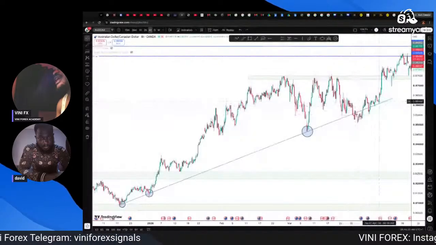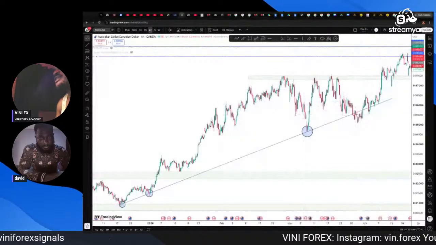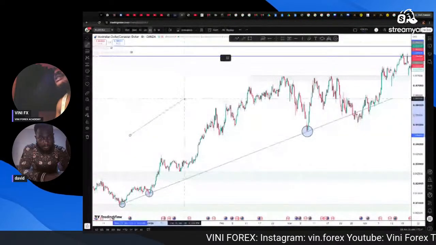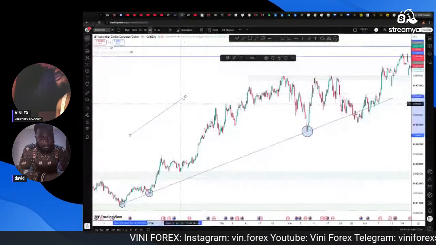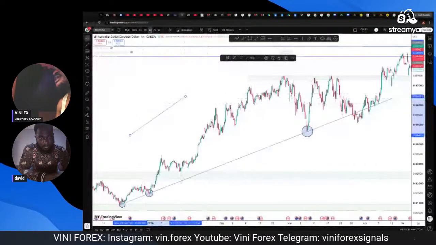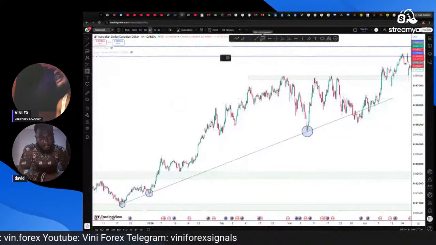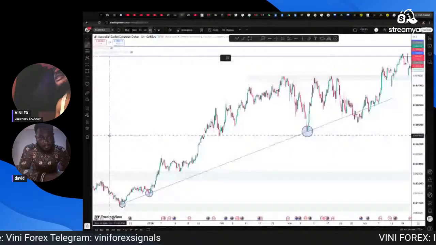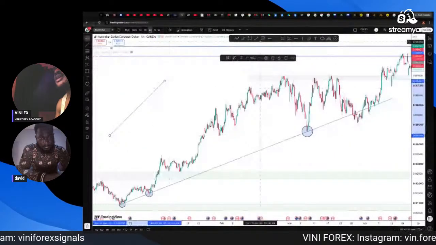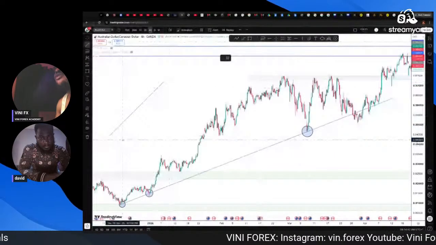So a trend line is not just a line like this, even though it's called a trend line. I want you to see it as a trend area. In as much as this is a trend line, in your mind you should have it to be something like this.